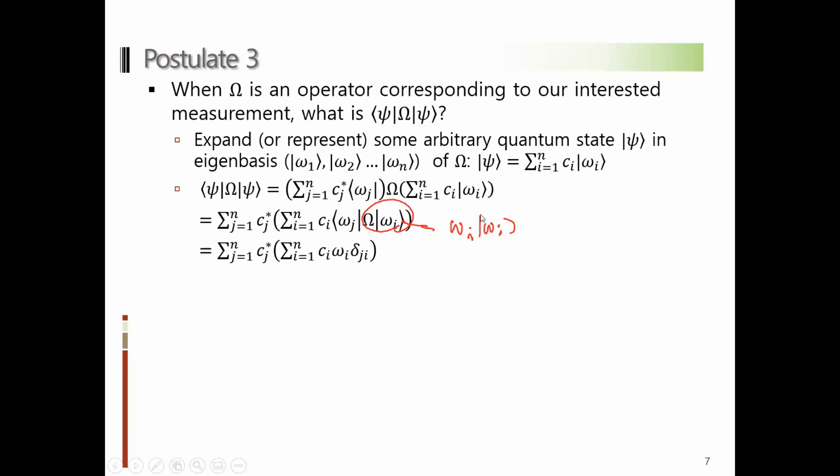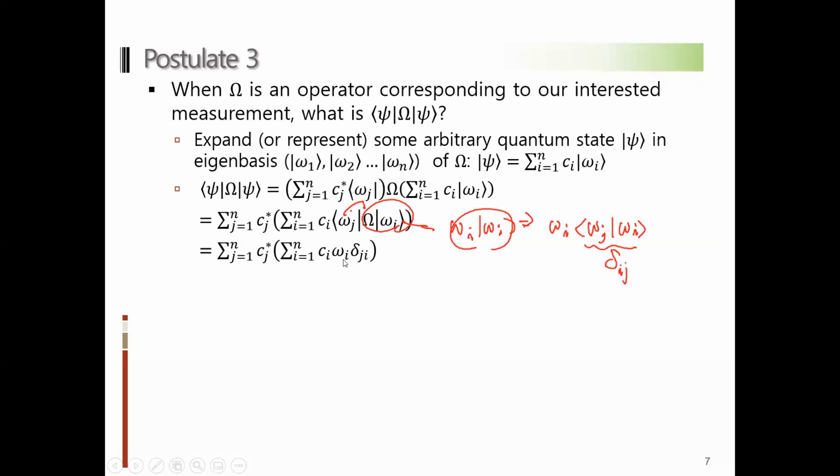Then this will become the bra omega sub j with the ket omega sub i, and we know that this is just the Kronecker delta function. So the entire internal summation will be turned into this kind of expression.